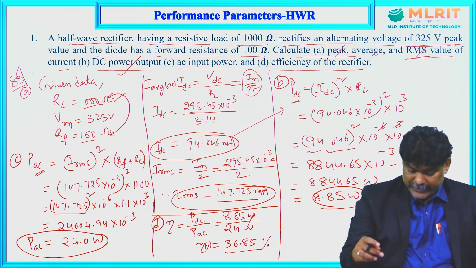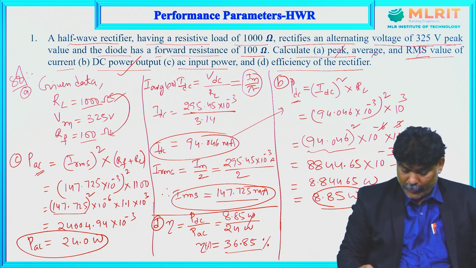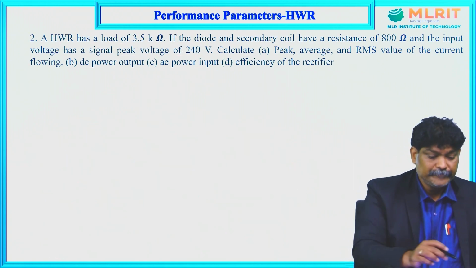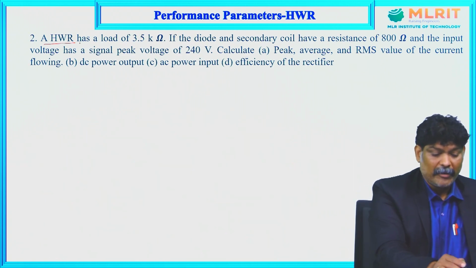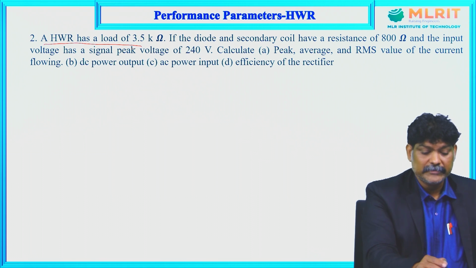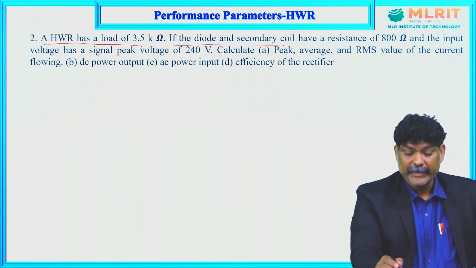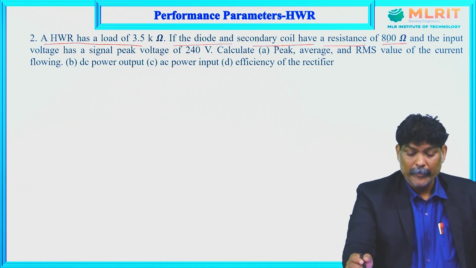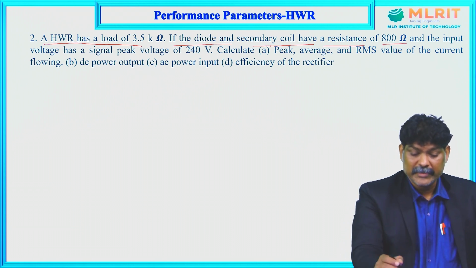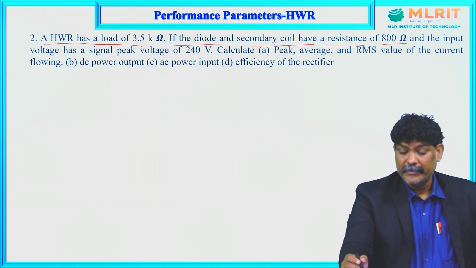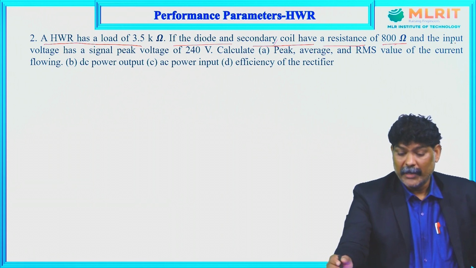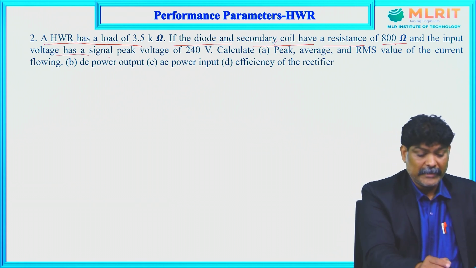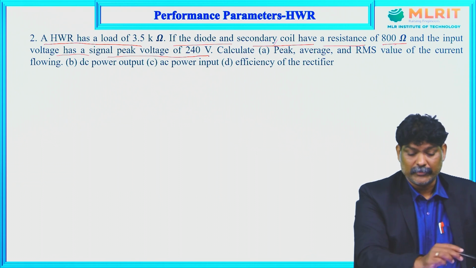Okay. So next, let us see the next problem, next model. A half-wave rectifier has a load of 3.5 kilo ohms. If the diode and secondary coil have a resistance of 800 ohms, so the combination of diode resistance and secondary coil resistance is given as 800 ohms, and the input voltage has a signal peak voltage of 240 volts.